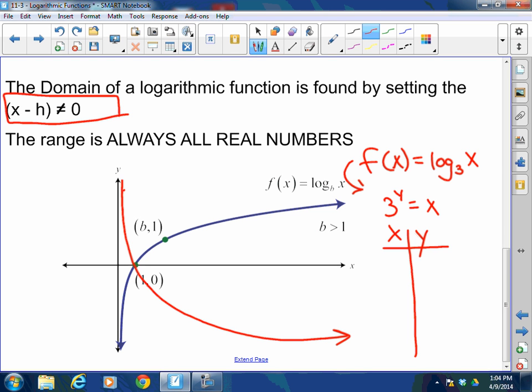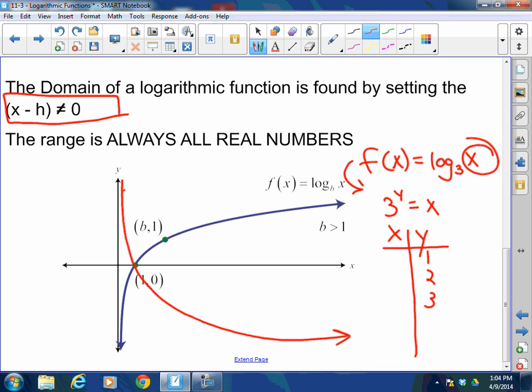Remember, I have to have values greater than h. In this case, h is 0, right? I have no value next to that x. So h is 0, which means it's my y-axis. So I have to choose values greater than that.